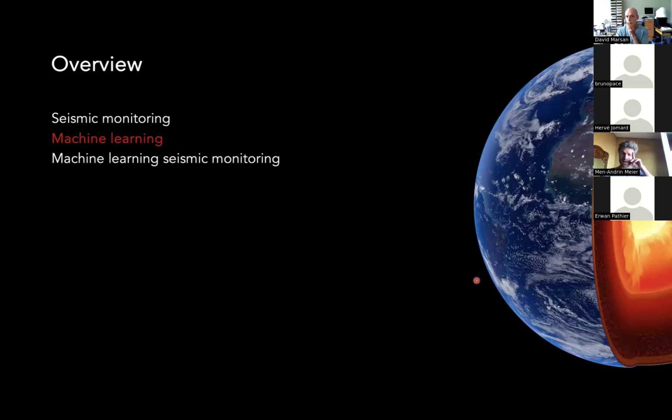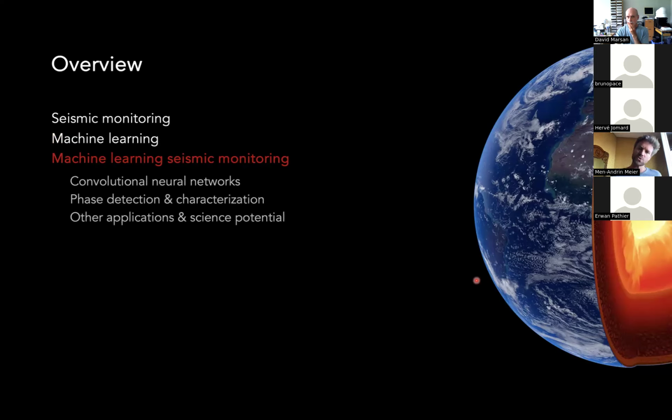Okay, so that's sort of a general intro to artificial neural networks. Now, how can you use these for seismic monitoring? To do this, we need to introduce one more important concept, and that is convolutional neural networks, which are at the heart of many of the very powerful algorithms that we have been using and that we keep developing as a community in the past almost 10 years now.